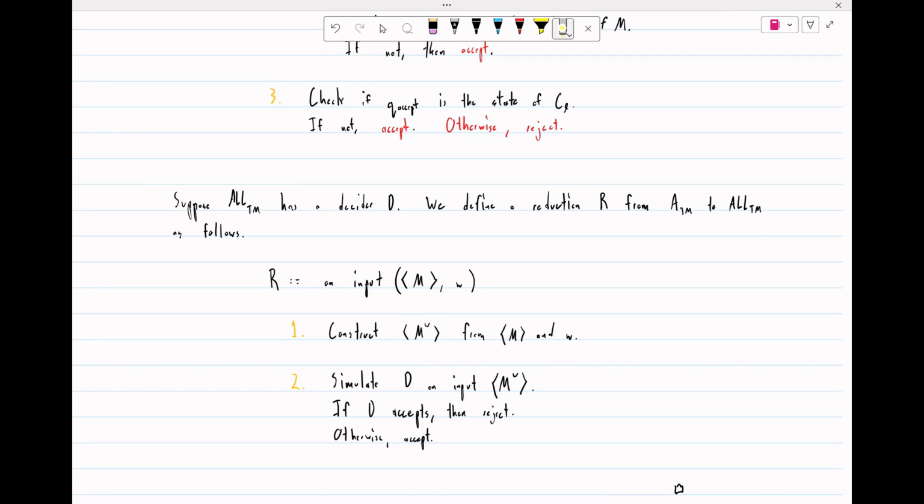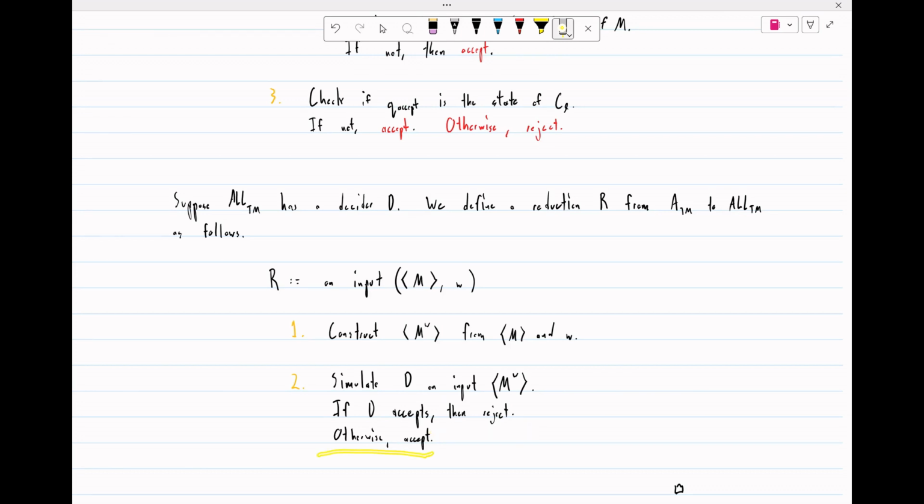But if D accepts, it means that it is not an accepting computation of M on W. And so the only way it could possibly reject, that its language could not cover everything, is if there is in fact some accepting computation of M on W, and so we should reject, right?